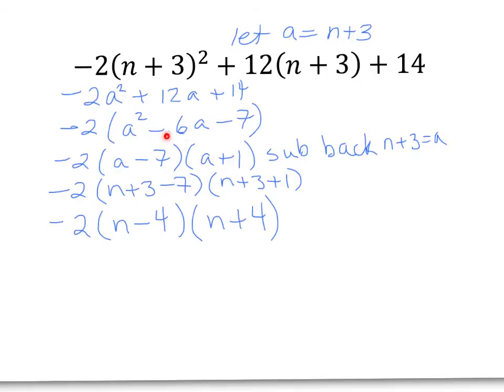Now this is a lot easier to factor, and you get a minus 7 times a plus 1. Once you're at that point, you sub back in your n plus 3 for a, and that's done right here. Then you simplify anything that can be simplified, and this gives you your final answer right there.